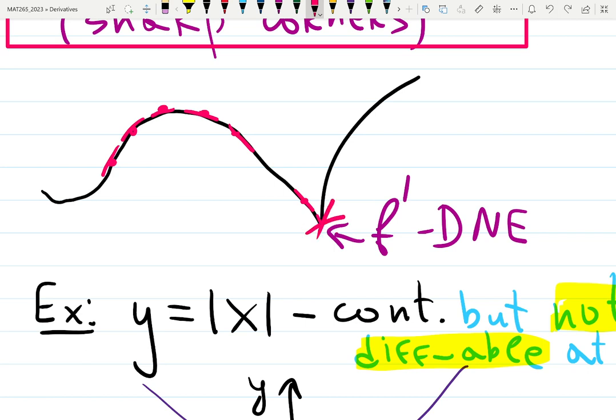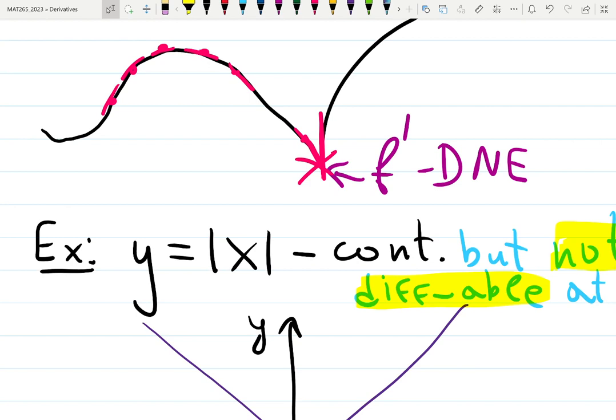At the cusp, we cannot agree which tangent line to choose. What kind of slope is that? Which one do we choose? And the other idea is that it was this tangent line and then suddenly jumped to a completely different angle. It's a very fast change. Derivative there does not exist. So you can put a weird star there. There's no way you can find the slope of the tangent line, the equation of the tangent line there.